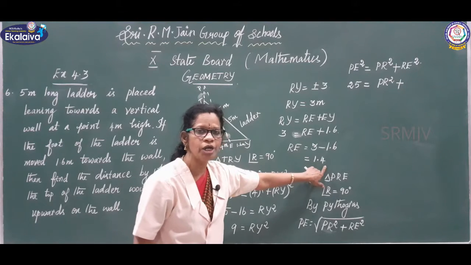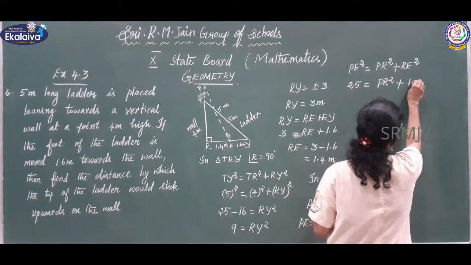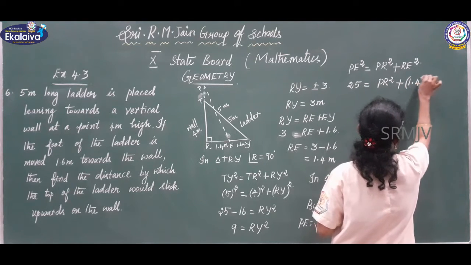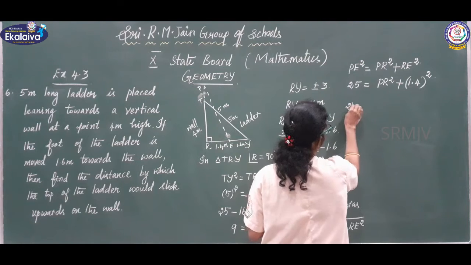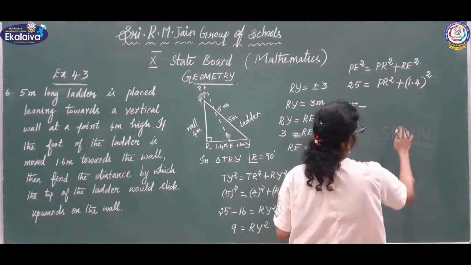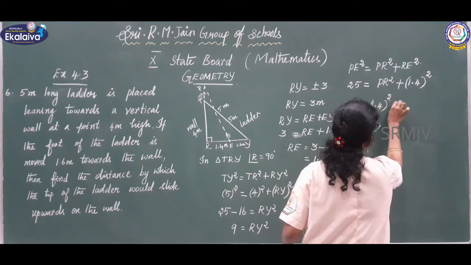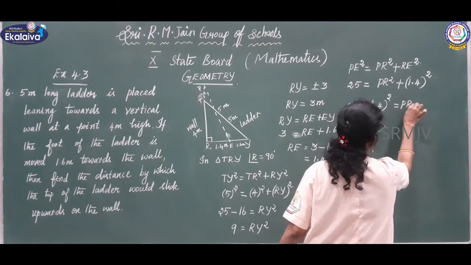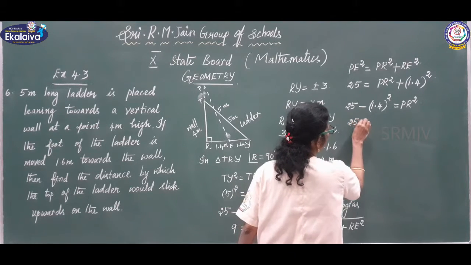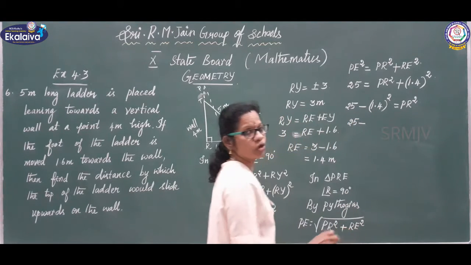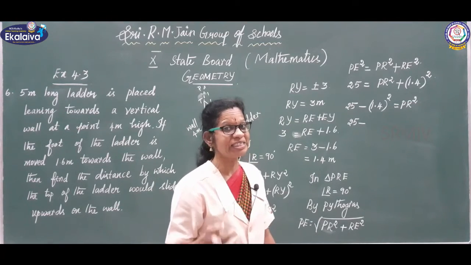RE is 1.4 meter. 1.4 the whole square. Now, 25 minus 1.4 the whole square equals PR square. Right? Now, 14 square is 196.